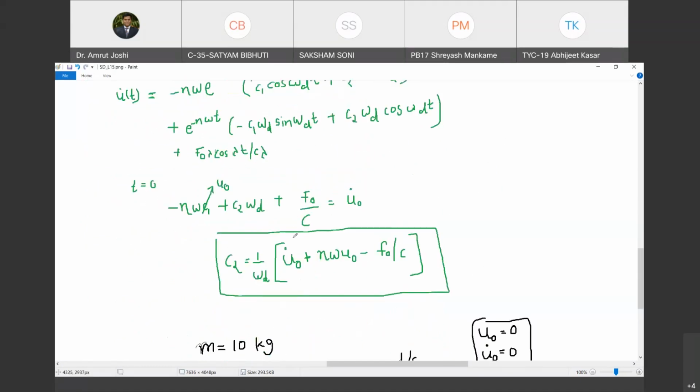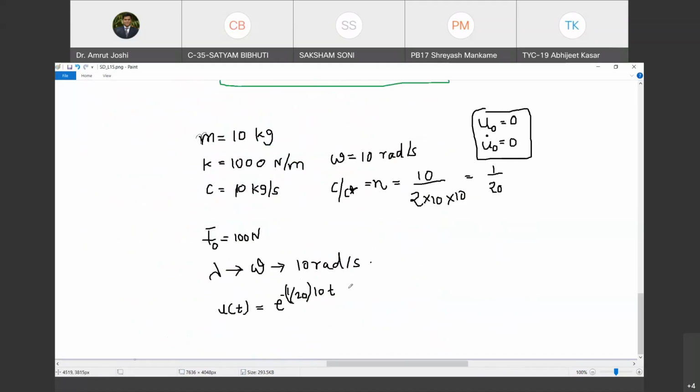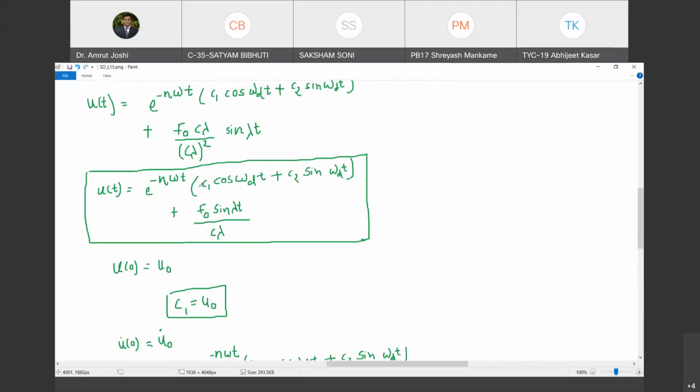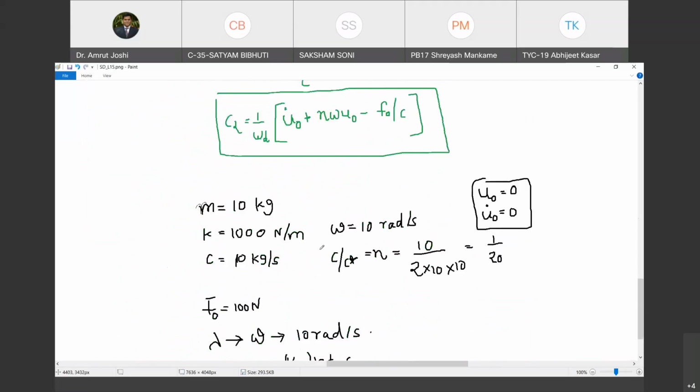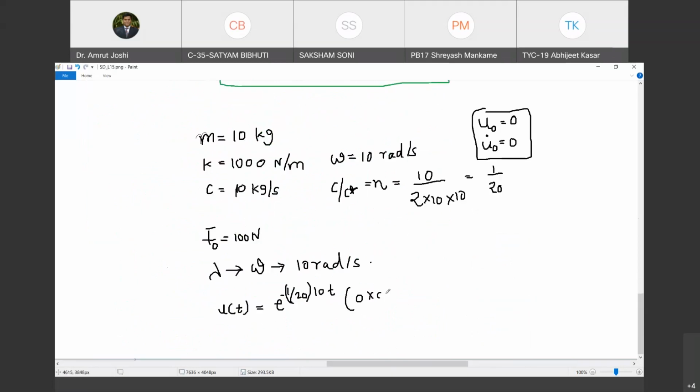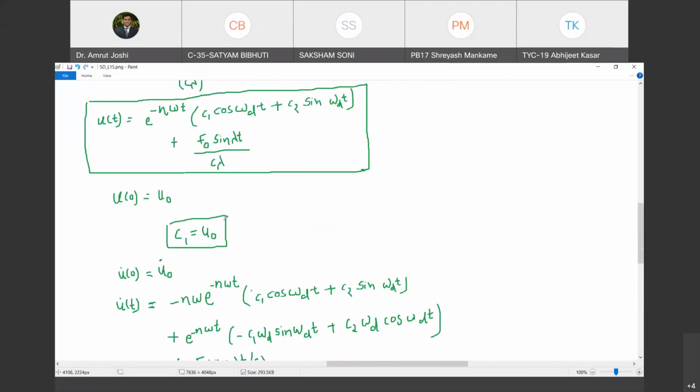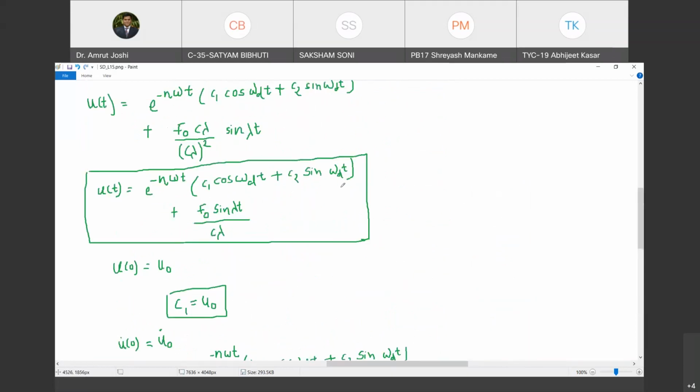But C1 is U0 and U0 is 0. So therefore this is going to be 0 into cos omega dt, plus C2 into sin omega dt.